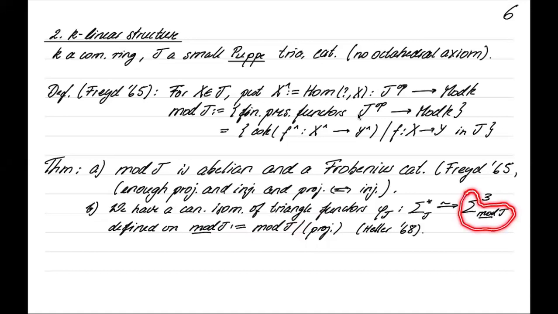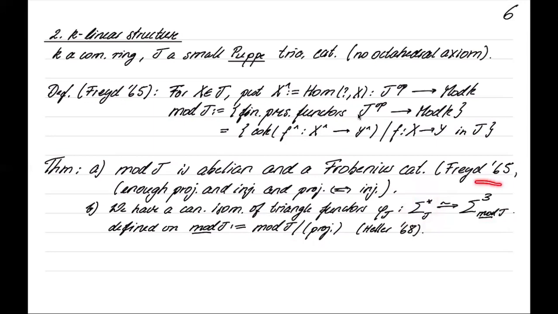And then Heller's theorem says that the third power of this suspension functor of the stable category is isomorphic to the functor of the suspension of T. As T is a triangulated category, it has itself a suspension. This suspension induces an autoequivalence in the module category, and this induced autoequivalence is isomorphic to the third power of the suspension in the stable category.